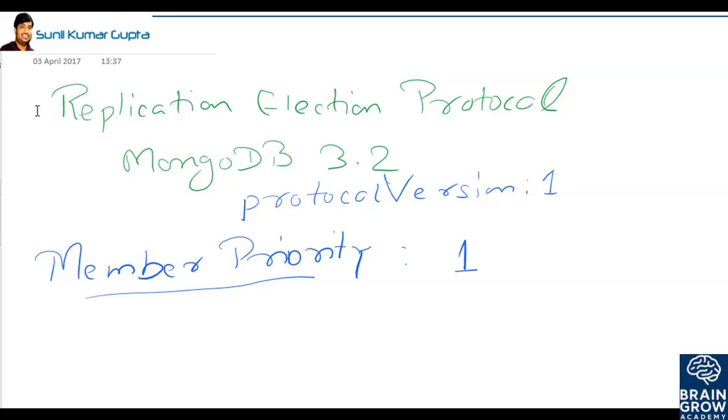Only secondaries with the highest priority call for election more often, and their winning probability is higher. And one more thing: if the priority is 0, the member cannot participate in the election. This member can neither seek election nor vote in the election.